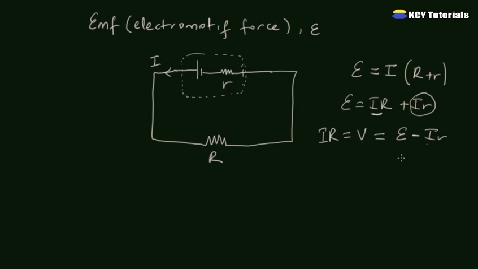So how can we then determine the internal resistance small r of the battery? Now I want you to notice that we cannot measure this voltage loss directly, so we are going to use experimental methods to determine the internal resistance of the battery. So that's what we do.